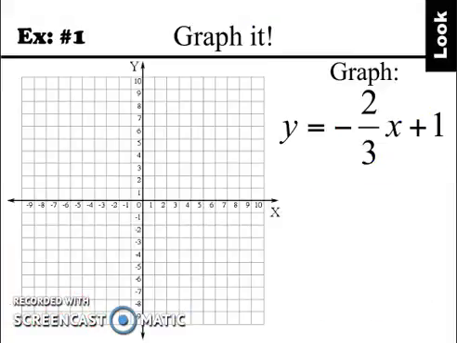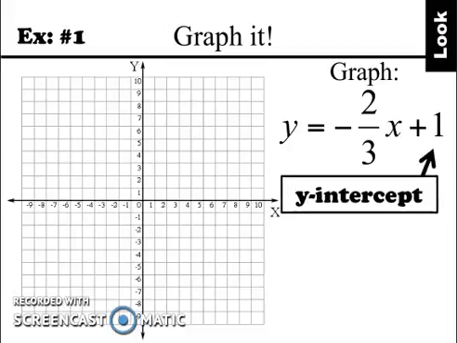We have to graph this equation y equal negative 2 over 3x plus 1. The first thing we need to do is find our y-intercept. Our y-intercept will be positive 1.